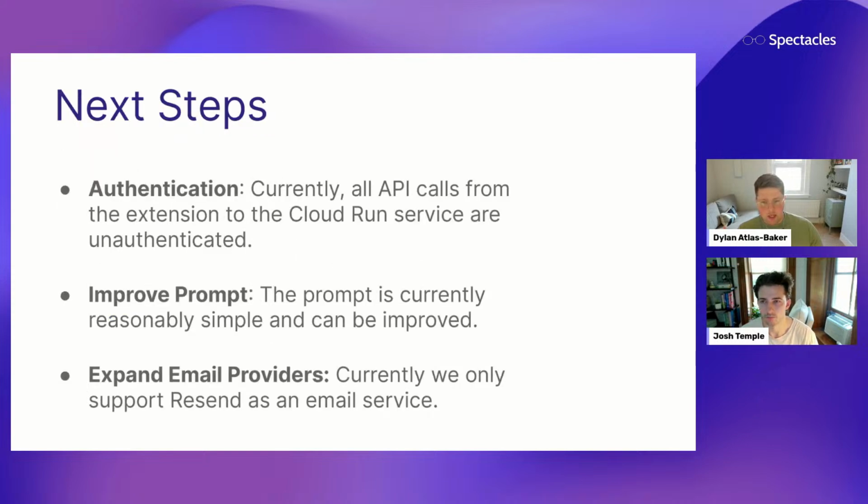In terms of next steps, there's a couple of things, some of which we're going to do with some urgency, and others I think will just happen over time. The application works today, with a couple of areas where we'd really like to see it improved. The first is authentication. When the Looker front end makes a request to the Cloud Run API, those API calls are currently happening in an unauthenticated way.